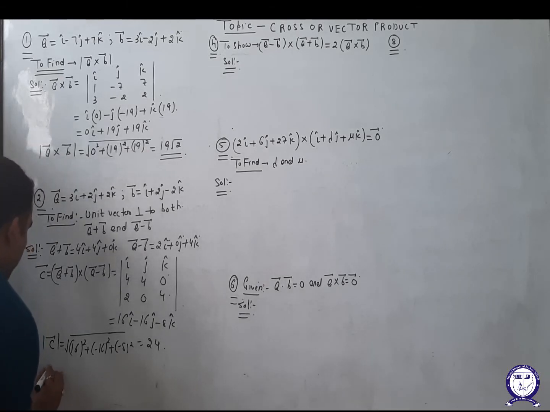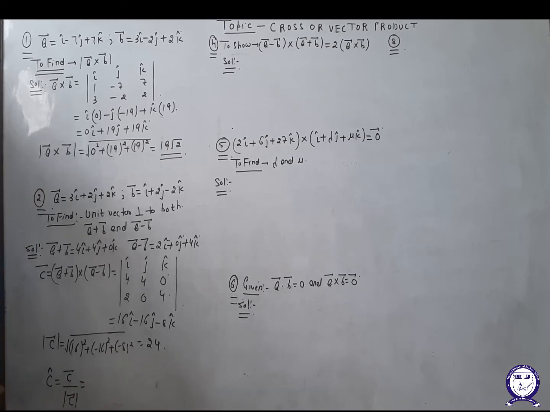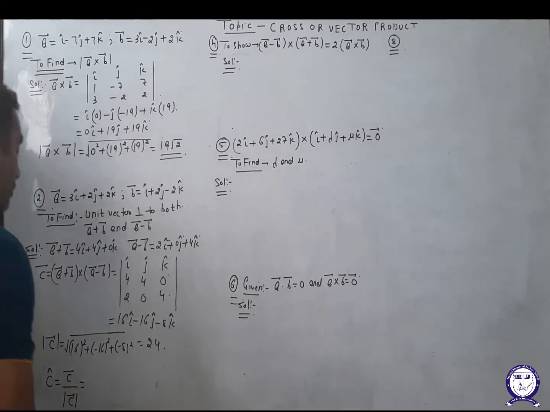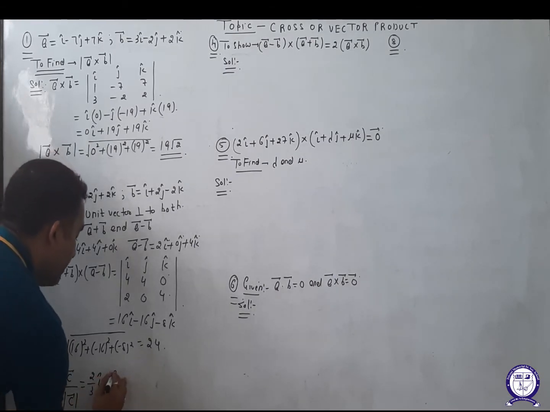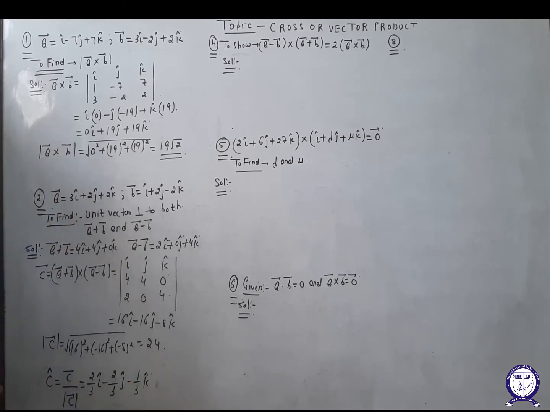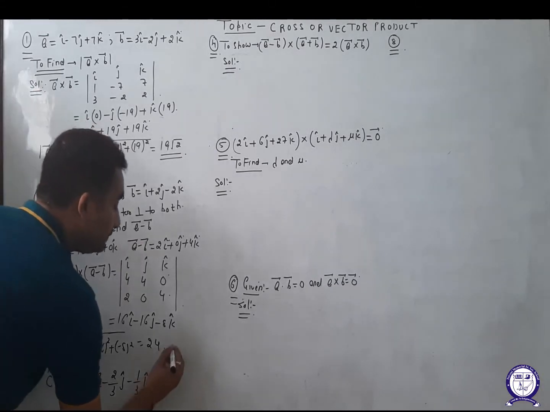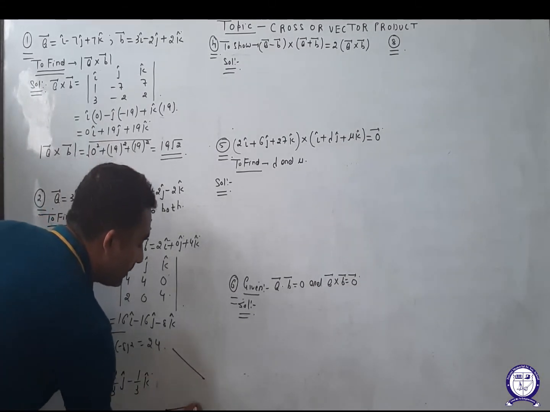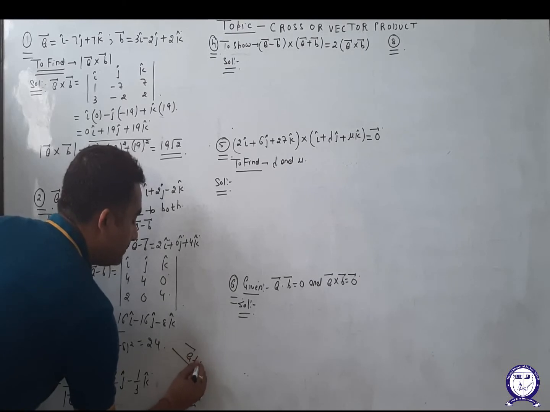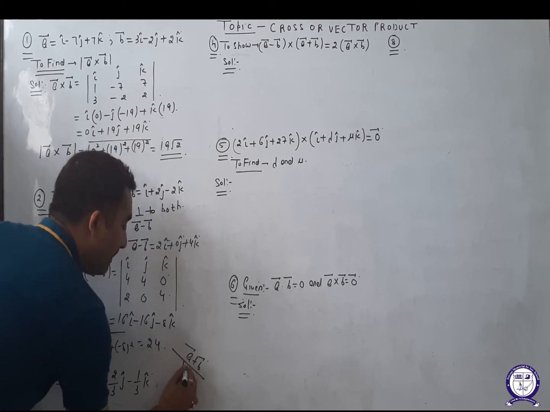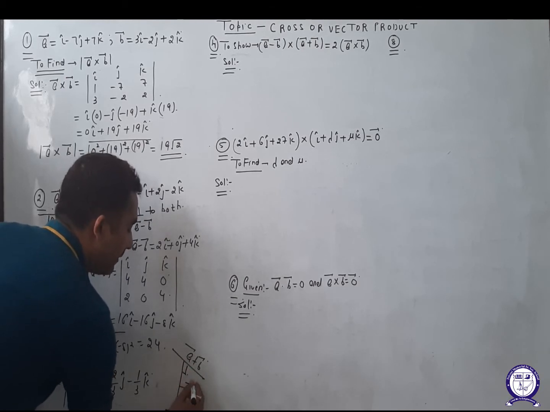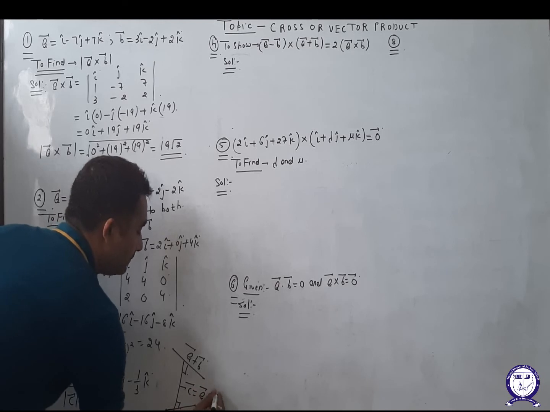Now, a unit vector is represented by cap: the vector upon its magnitude. 16 upon 24, that becomes 2 by 3 i cap. 16 upon 24, 2 by 3 j cap minus 1 by 3 k cap. As we know, if we need a single vector perpendicular to both, that will be the cross of both.